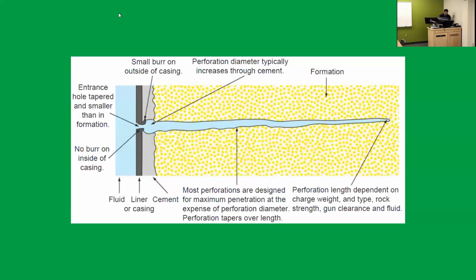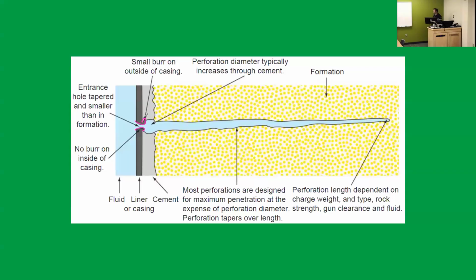Now, this is how a typical perforation tunnel looks like, or a properly done, as expected, perforation tunnel. You are damaging the casing. You are basically making the steel move out of the way for the perforation tunnel to be created.